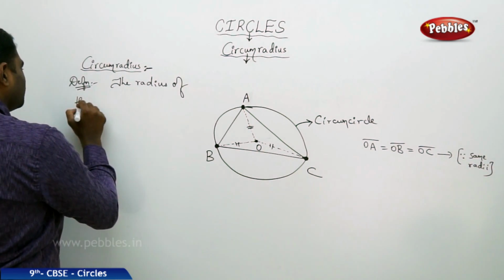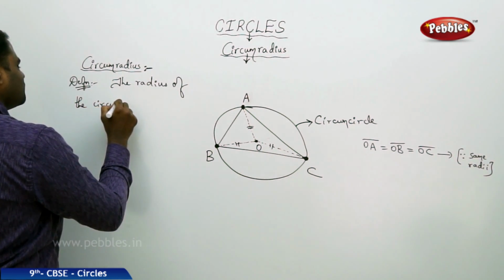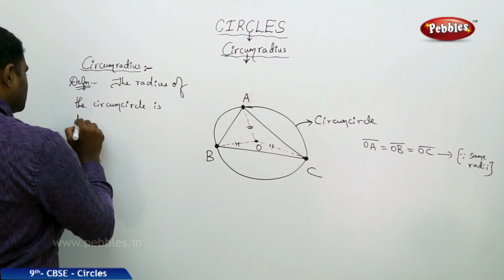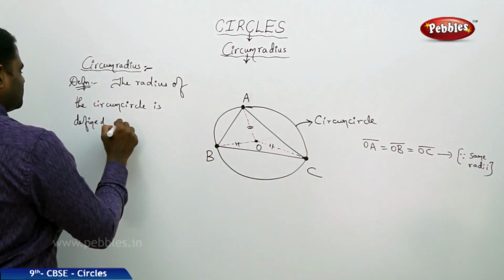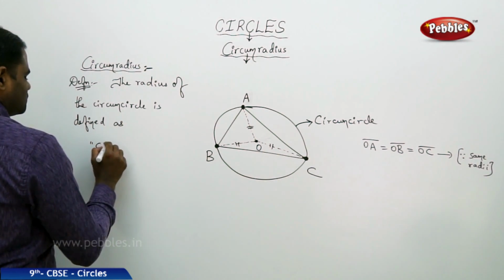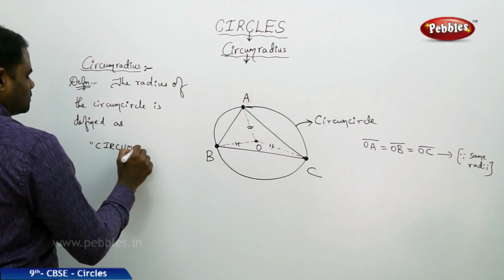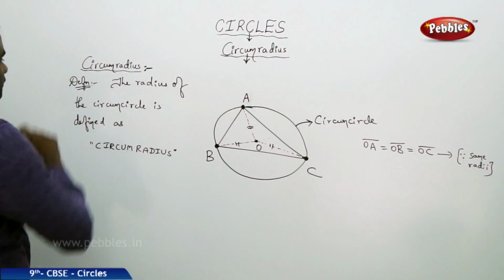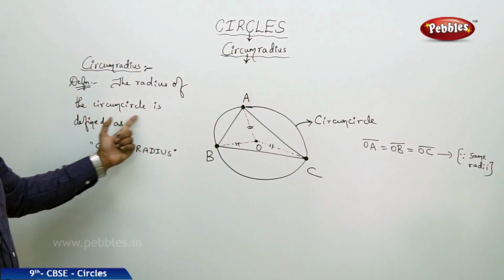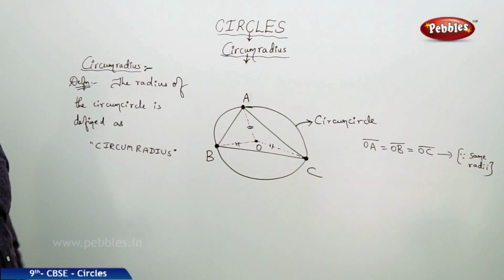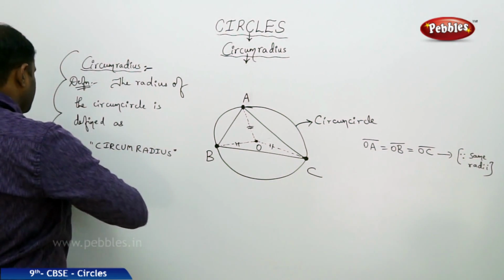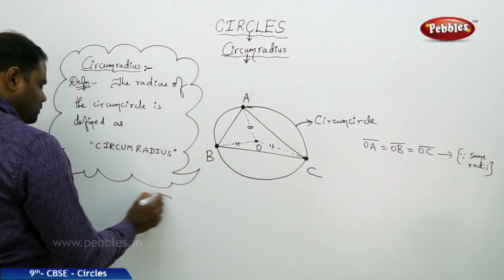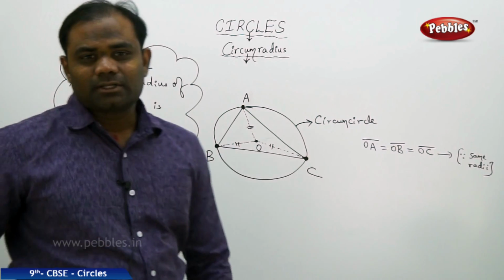The radius of the circumcircle is defined as circumradius. Therefore, we define the radius of the circumcircle as circumradius, for a circle.